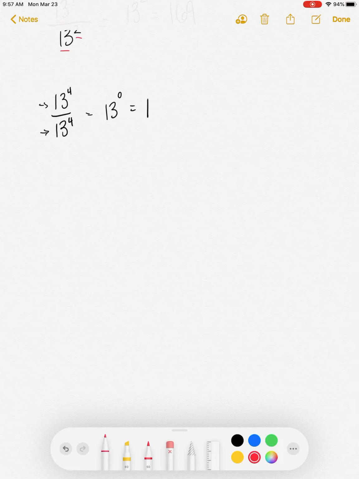Let me give it to you in red. Sorry, the other one was the quotient property. This is the quotient to a power property.